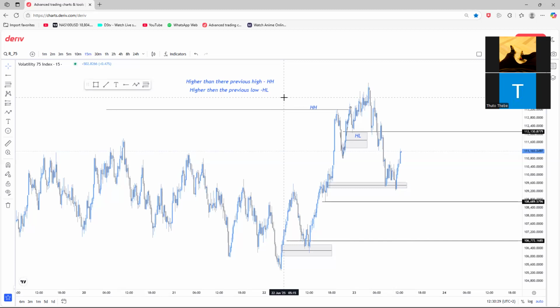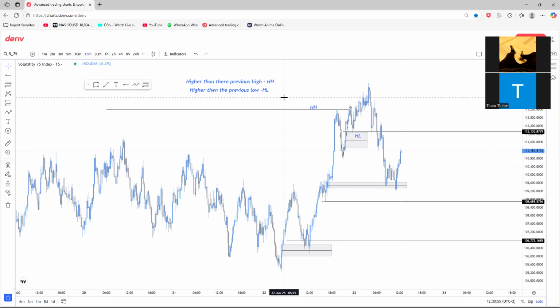I'm just showing you how to see things on the chart using market structure, looking for a higher high and a higher low. The minute I start incorporating the strategy, then you can start saying, okay, this is how a high forms.